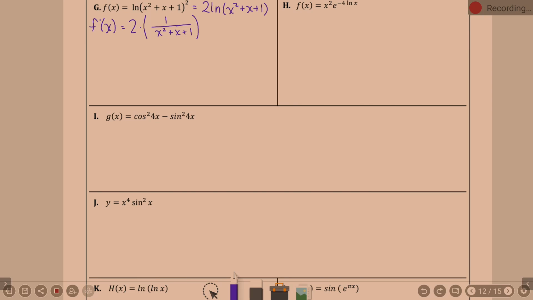Am I done? We're not done, because remember chain rule, you do the derivative of the outside, now times the derivative of the inside. What's the derivative of the inside? 2x plus 1. That was the derivative of the inside, so we're done there in terms of chain.